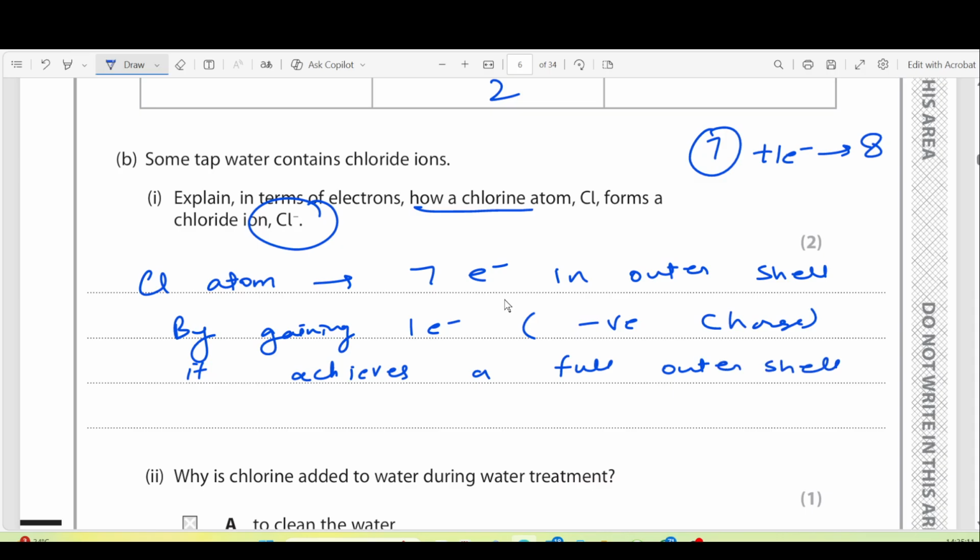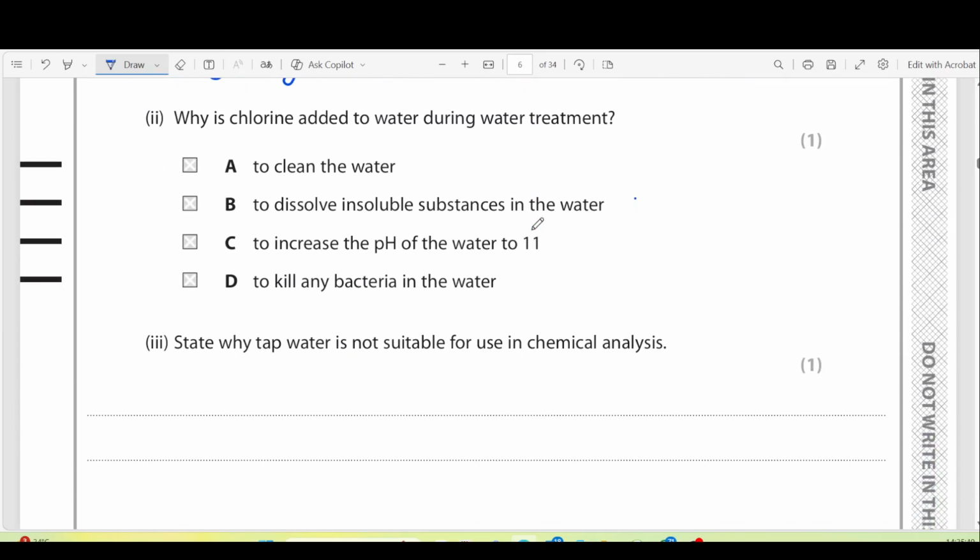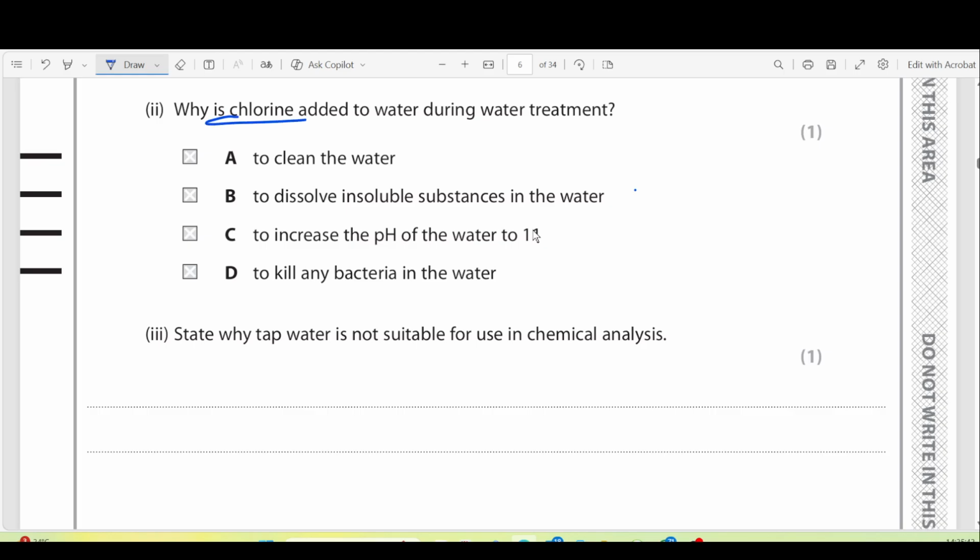Because it is gaining negative charge, that's why this minus sign comes here, and it becomes a negative chlorine ion, a chloride ion basically. If an atom is gaining negative charge, it will become a negative ion. If an atom is losing negative charge, it will become a positive ion, because an electron is a negatively charged particle. So why is chlorine added to water?